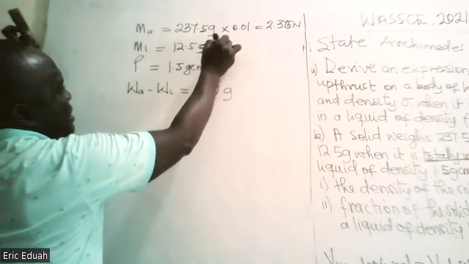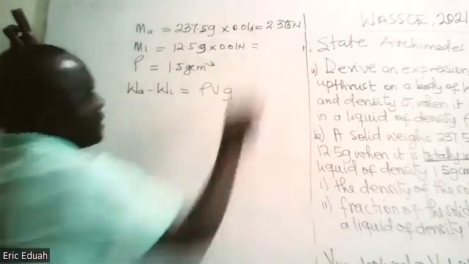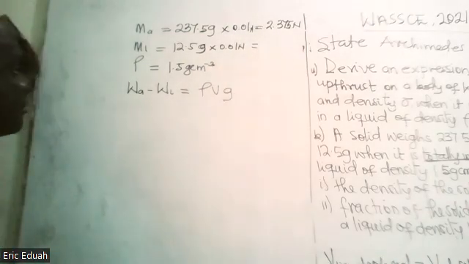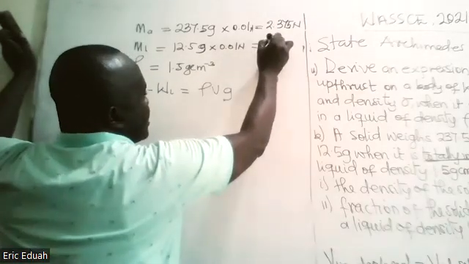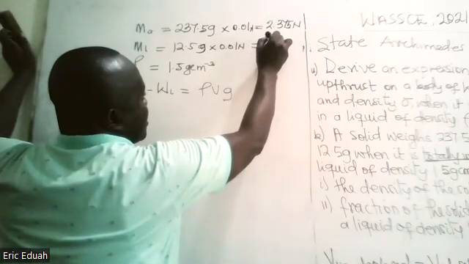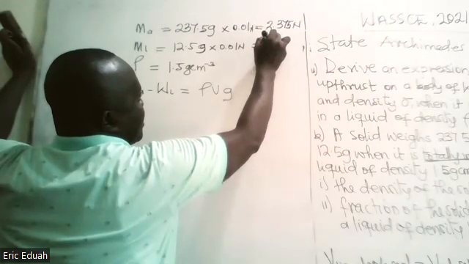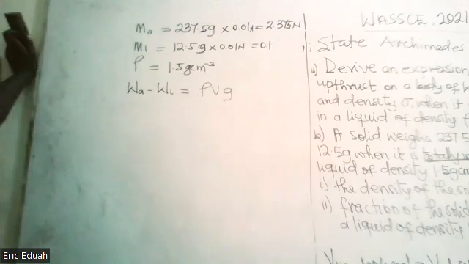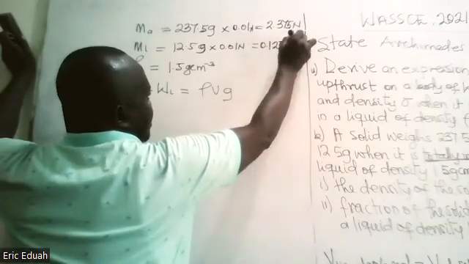Then 12.5 gram to weight, times 0.01 Newton, would also be 0.125 Newton.